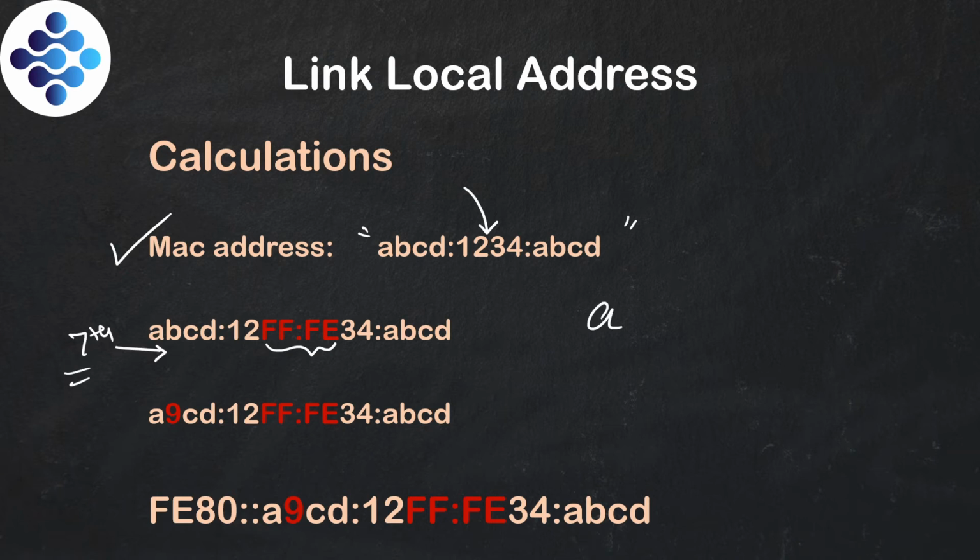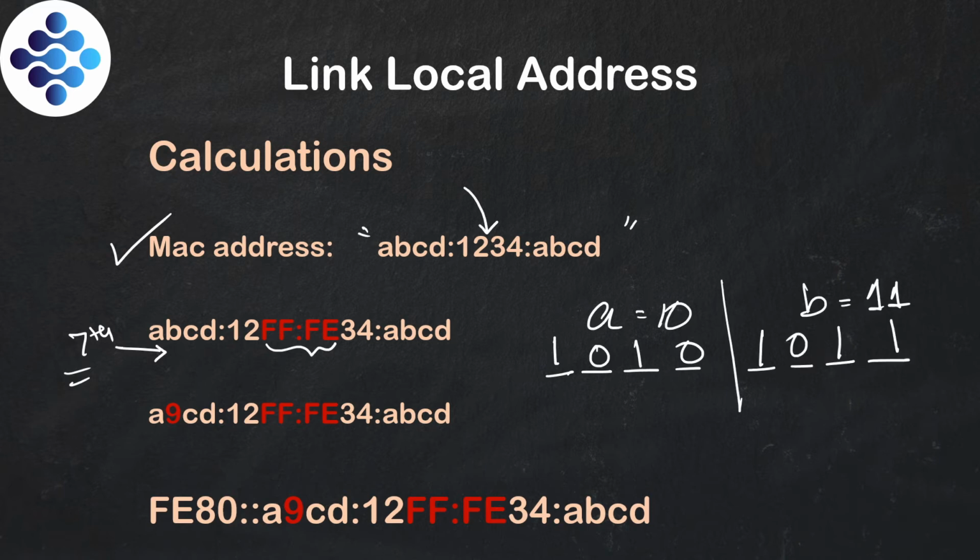So A is 10, it will become 1010, and the second, B, is 11. Now if we calculate the 7th bit, that's first, second, third, fourth, fifth, sixth, 7th. That's the bit which we are talking about. It is 1, so flip it to 0.